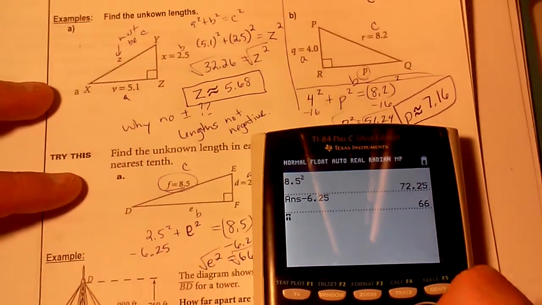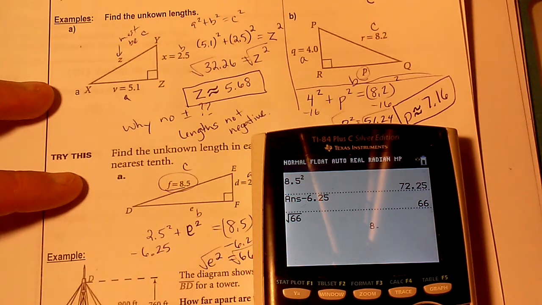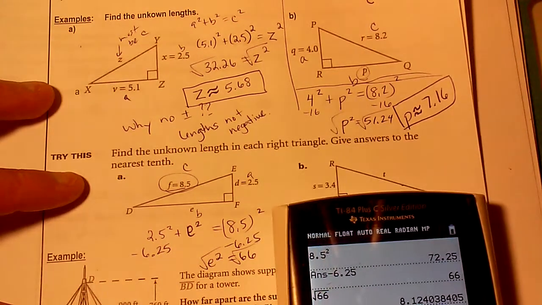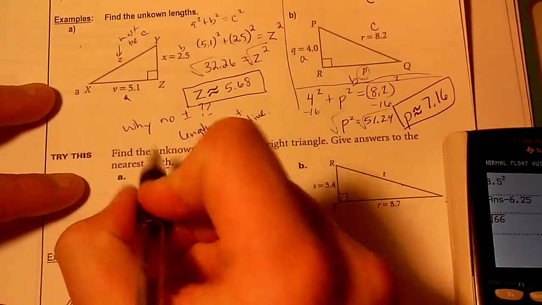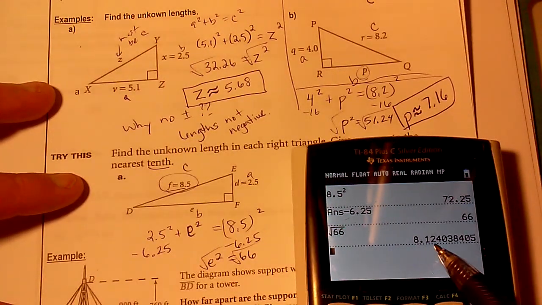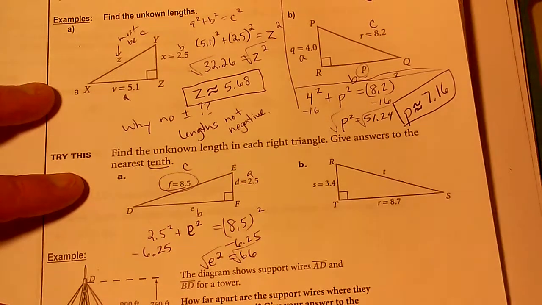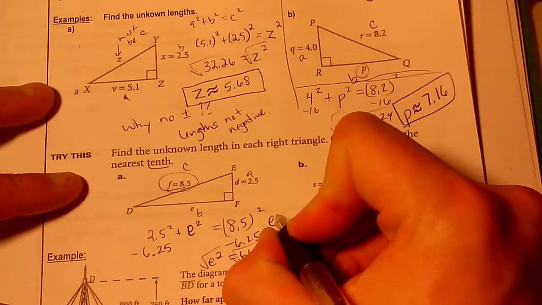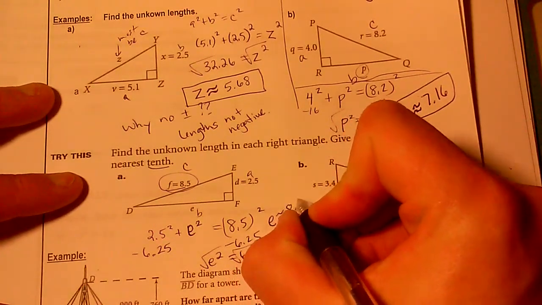Square root of 66, not a perfect square, definitely, is 8.124. Okay, and in the directions it says to the nearest tenth, so we want 8.1. The 2 is below 5, so it rounds down. So if I follow directions there, E is approximately equal to 8.1.